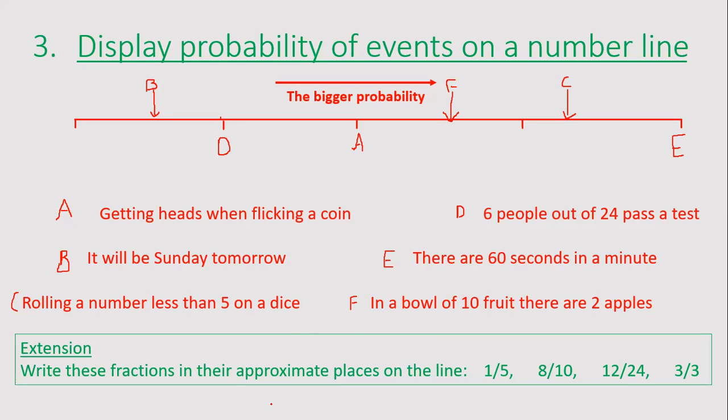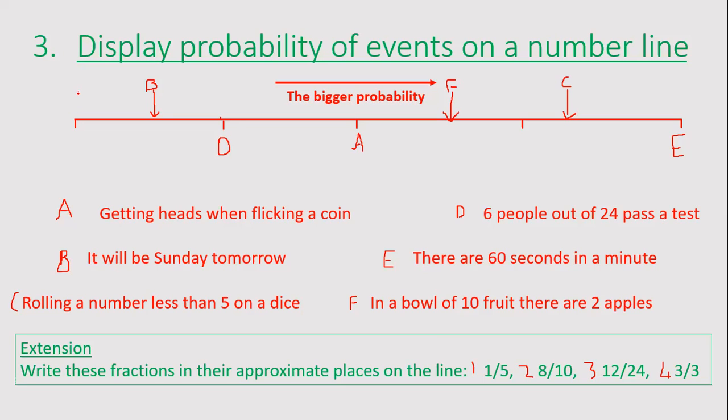So, write these fractions in their approximate place on the number line. You've got a fifth, 8/10, 12/24, 3/3. I'm going to label these 1, 2, 3, 4. So 1/5 is going to be at the very beginning.